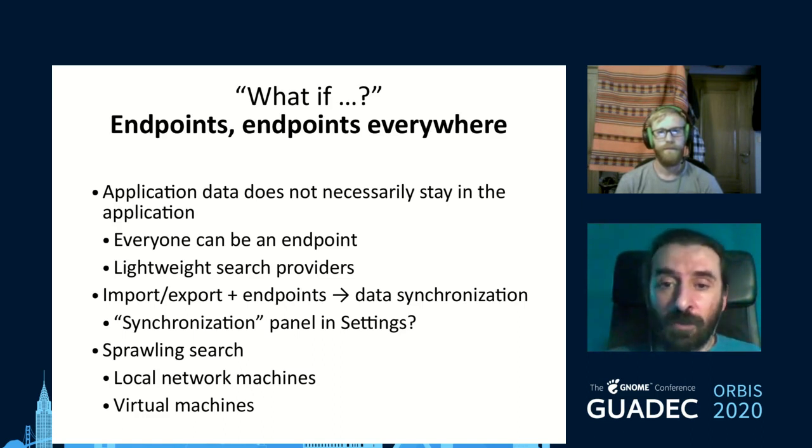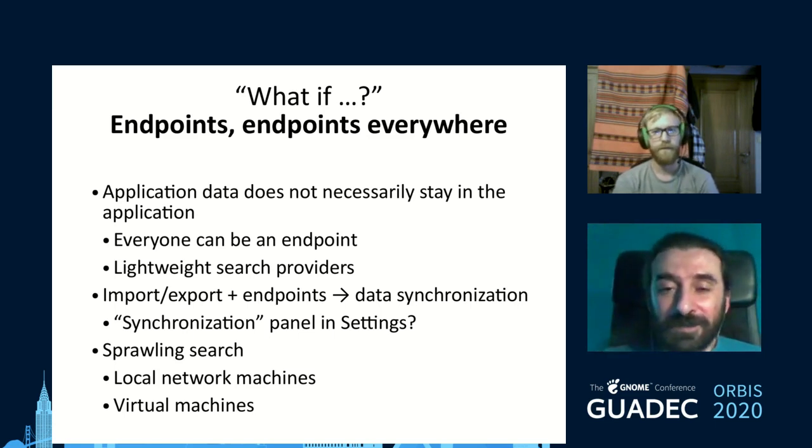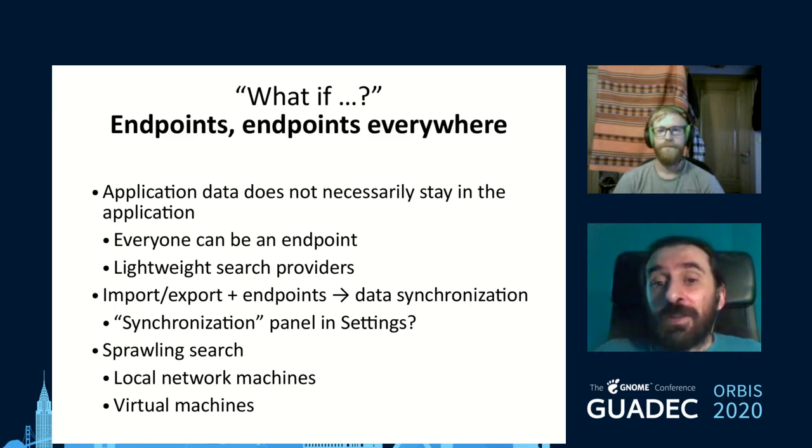If we have an endpoint which can talk across the local network, we could have data synchronization about the same application between separate machines or things like that. So yeah, maybe it could open the possibilities to a synchronization panel in settings, basically.